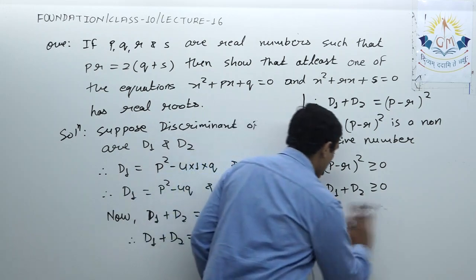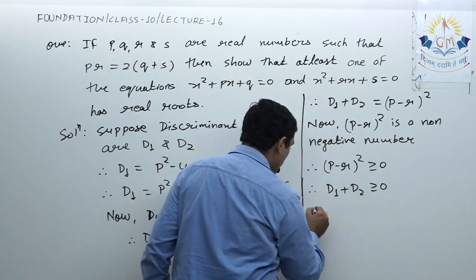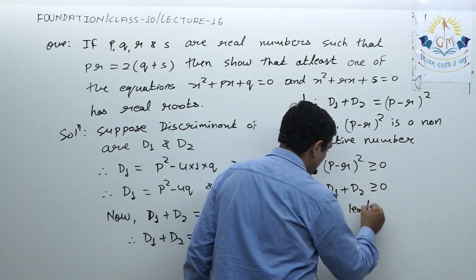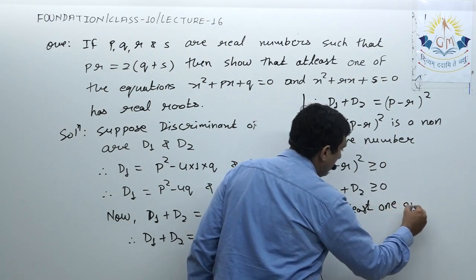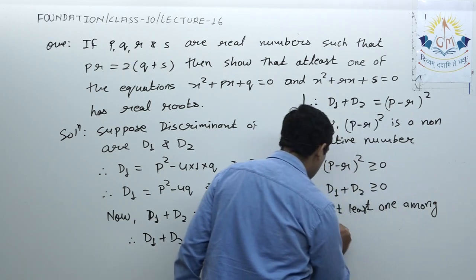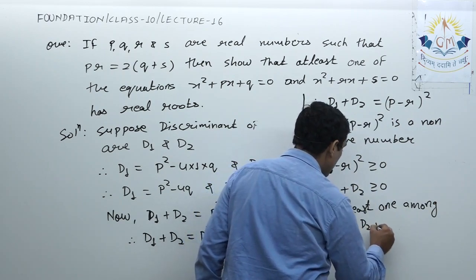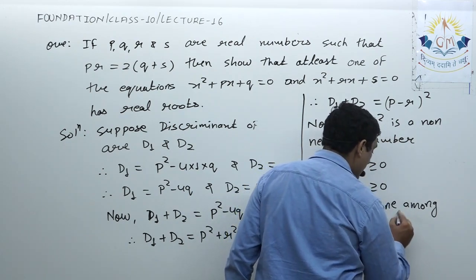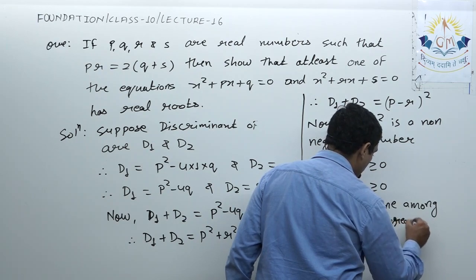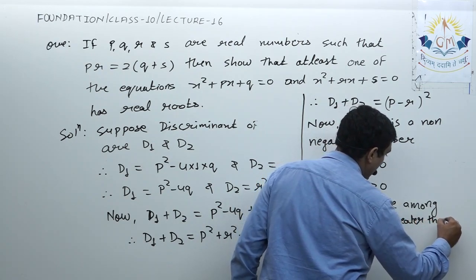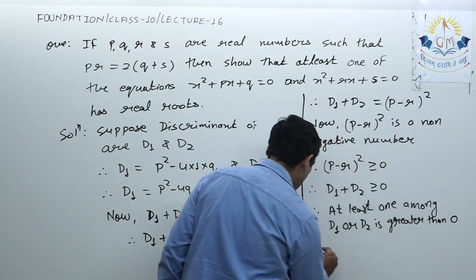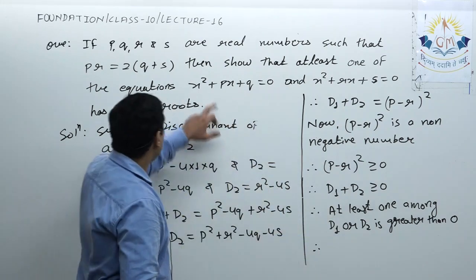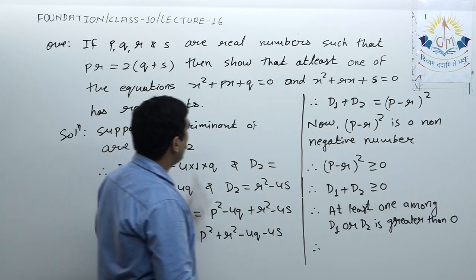So here d1 plus d2 is greater than or equal to 0, therefore I can say at least one among d1 or d2 is positive, or greater than 0. Therefore, if one among d1 and d2 is greater than 0, it means one among d1 and d2 has real roots.